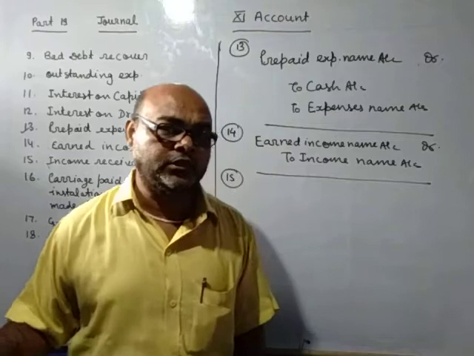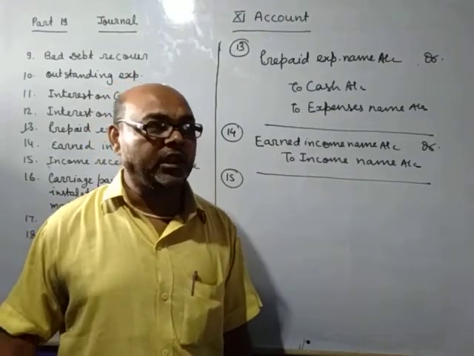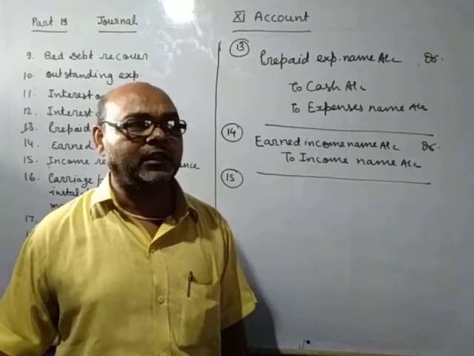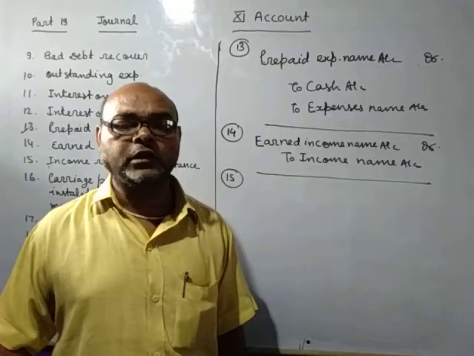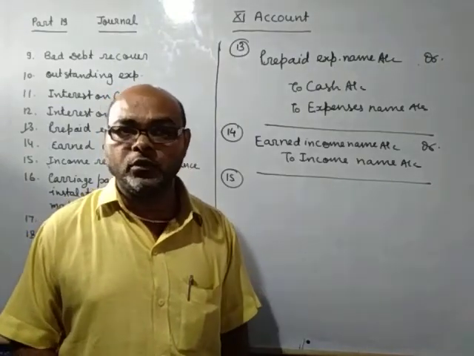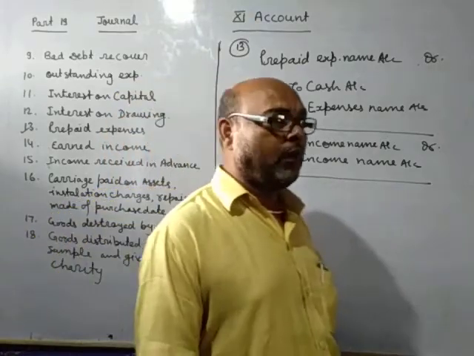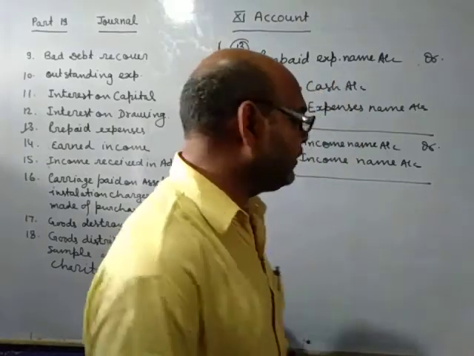Now you have taken the 3 months in advance. Anytime he can give you notice that he does not want to stay there, so please return his money. So this is a liability for you. And so advance income is a liability, it is credit, so advance income will always be credit.